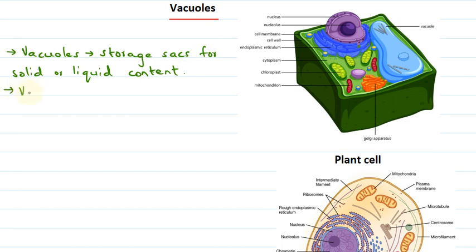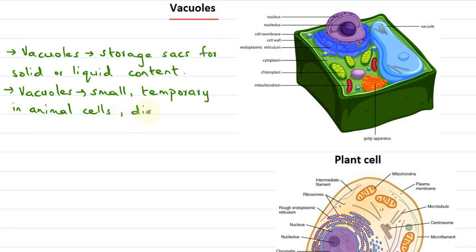So how are vacuoles in animal cells? Vacuoles are small sized and temporary in animal cells, but they are distinct and permanent in plant cells.